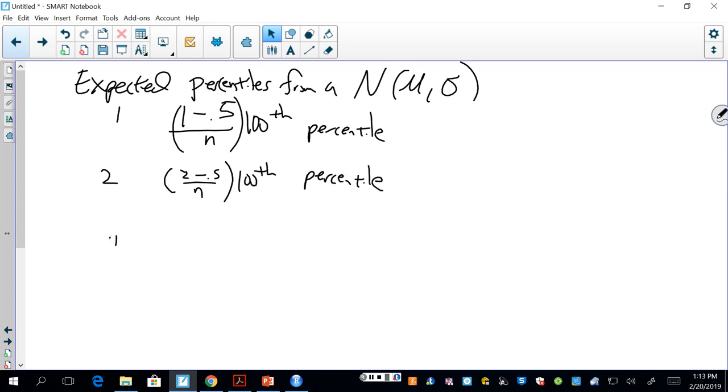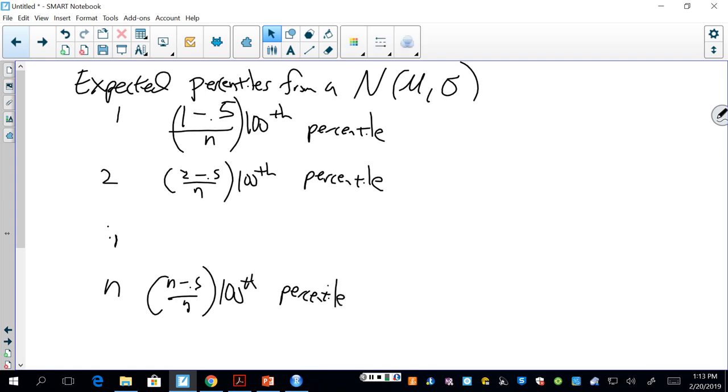Down to n. So this one is n minus 0.5 over n, and that one is the 100th percentile. So really it's taking these numbers 1 through n, and not going from 0, kind of avoiding the endpoints of 0 or 1, and just stepping off a little bit from that.